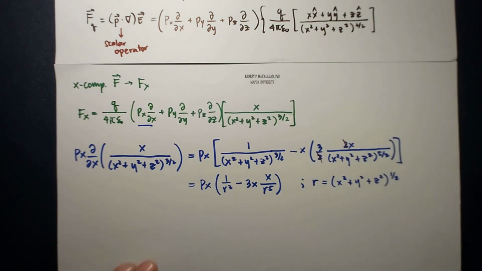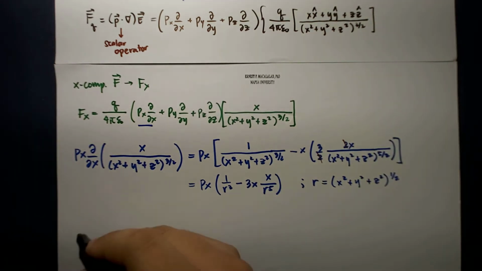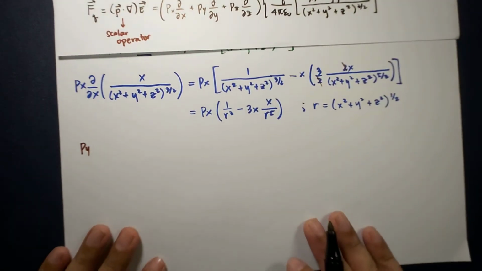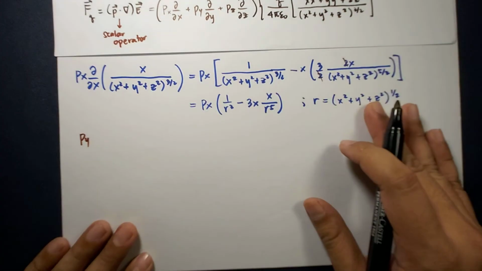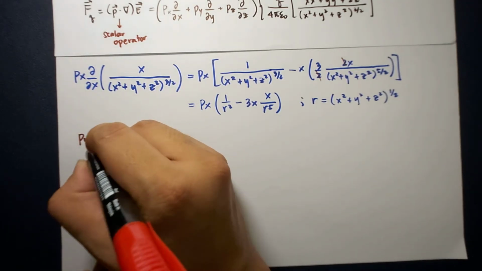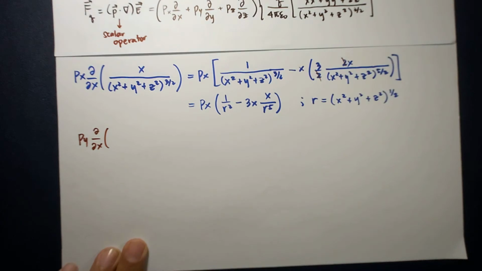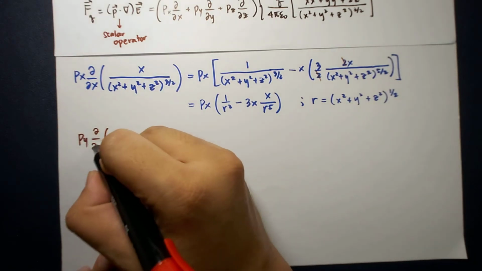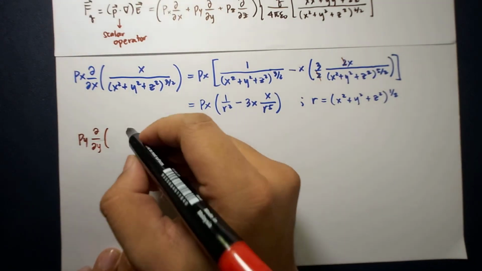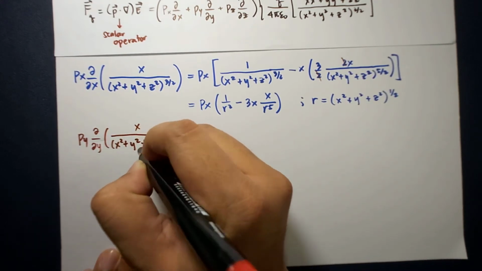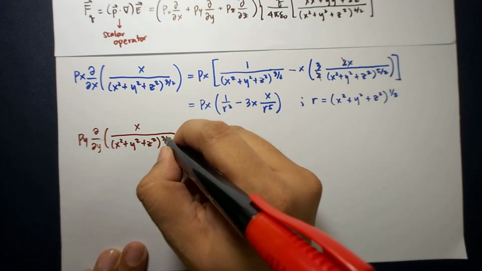The second term is py times the derivative with respect to y of x divided by x squared plus y squared plus z squared to the 3/2.